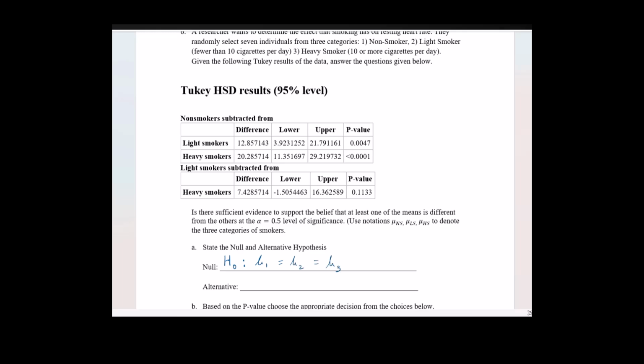So in this case, for smokers, it would be mu sub ns equals mu sub ls equal to mu sub hs. And for the alternative hypothesis, we would state that not all means are the same.